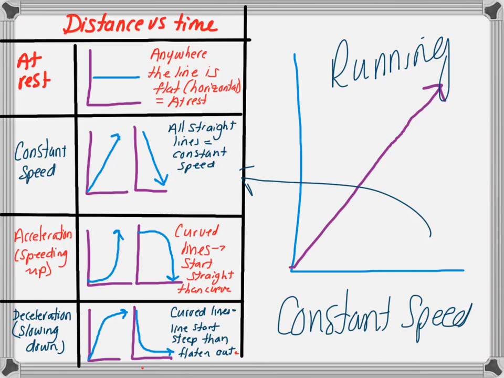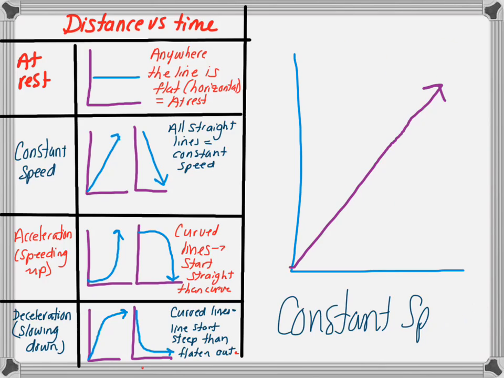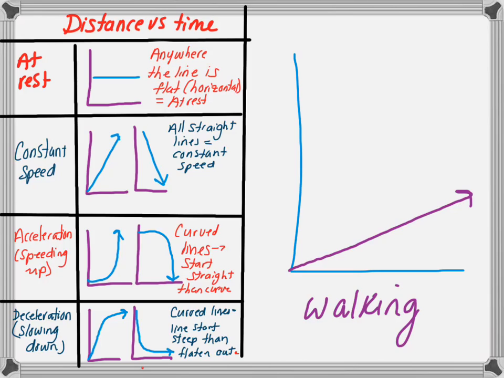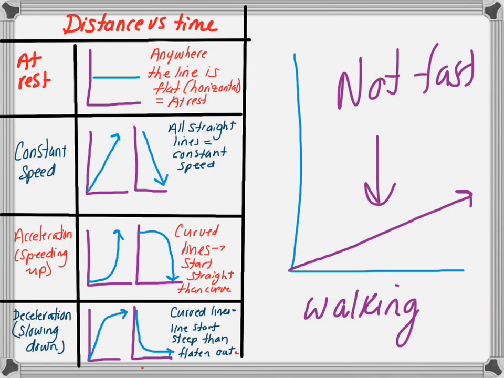So I think maybe they're running. All right? Or let's say I drew the line and it looked more like this. Okay, so now what would you say this person's doing? Maybe they're walking, okay? Not going very fast, because the flatter it is, the closer it is to this line, the flatter it is.